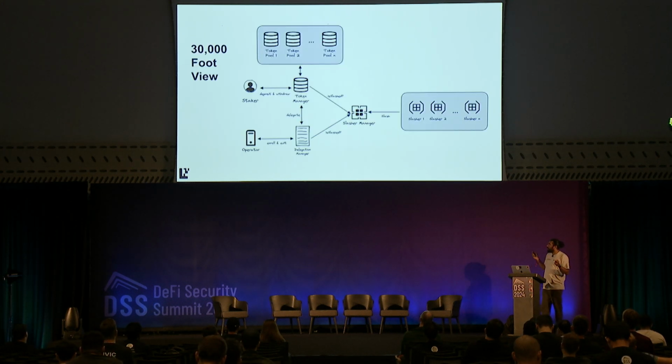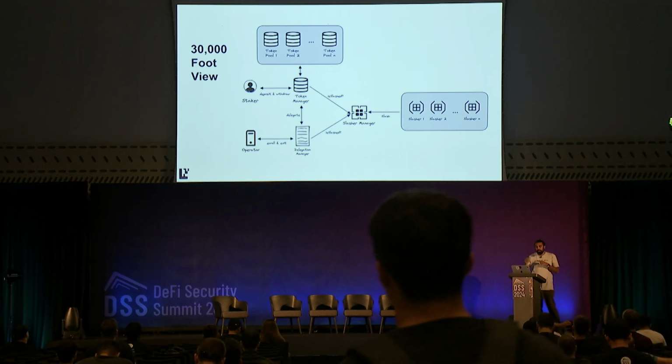So that is a very high-level overview of what the protocol is before we dive into the exciting bits, which is slashing, which is a pre-release on DevNet right now. And we are very excited to share that architecture with y'all. So, 30,000-foot overview. Stakers deposit their tokens onto a smart contract.